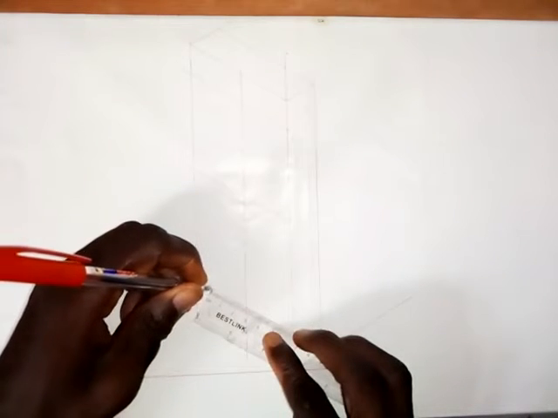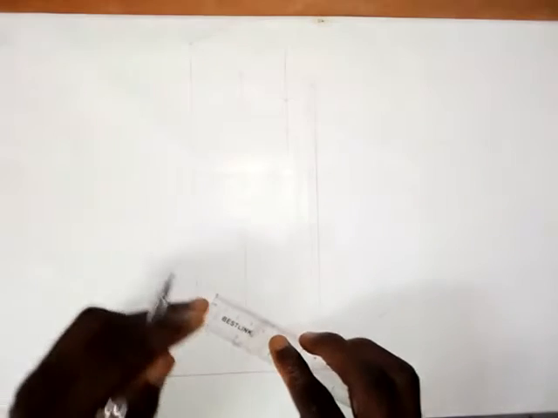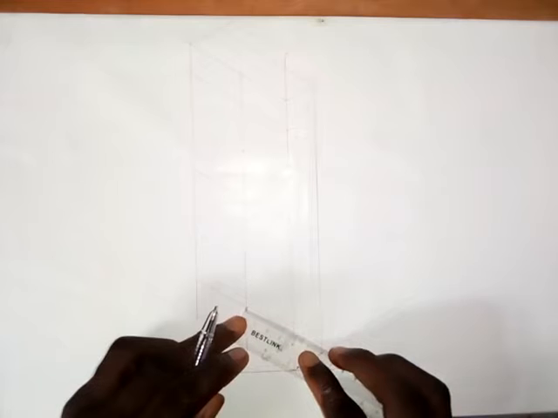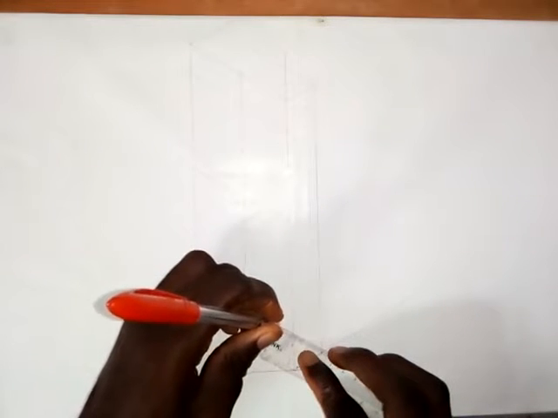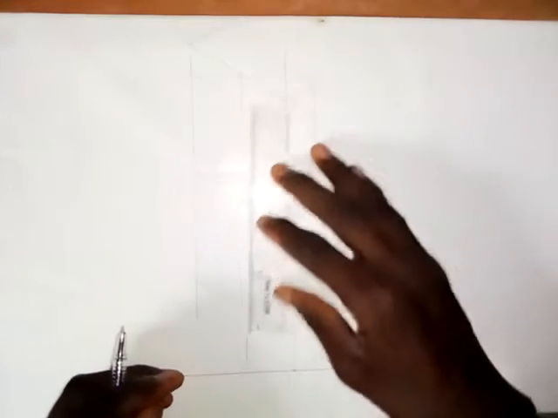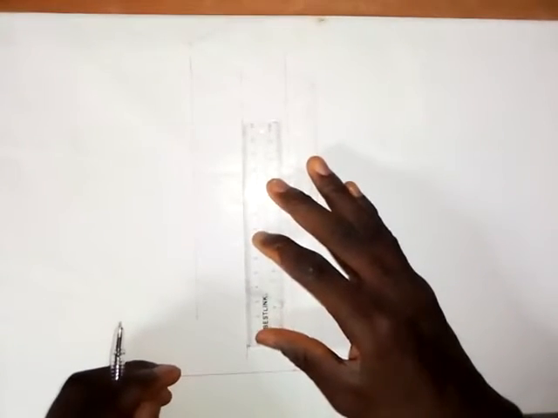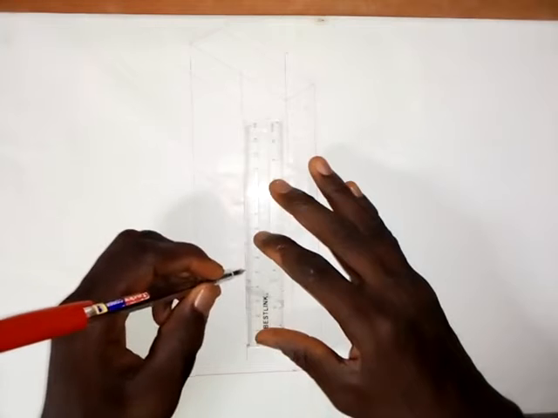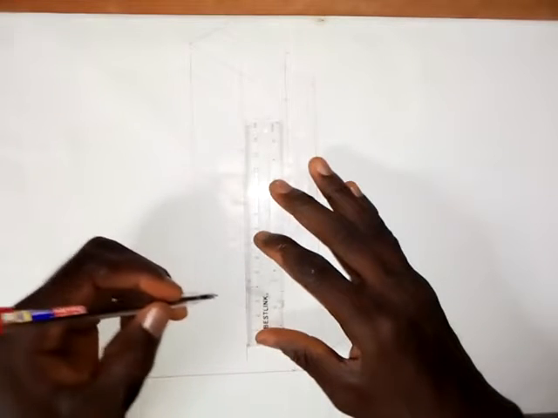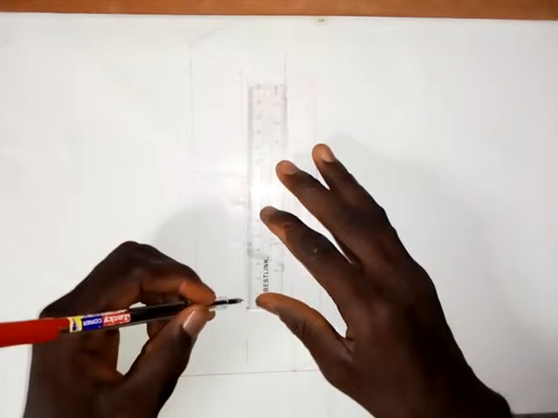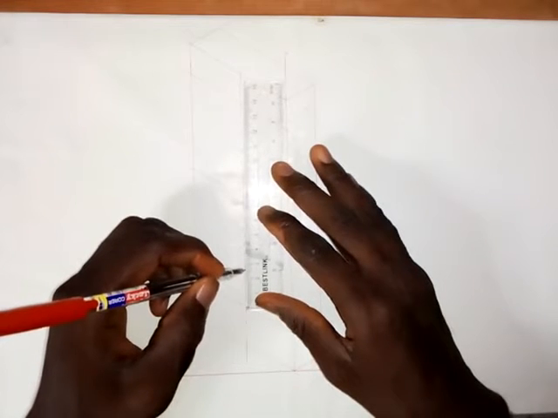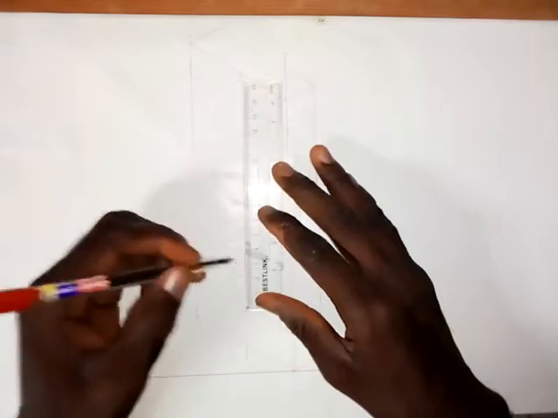Okay, so 26 millimeters here, and I will also take 26 millimeters, trying to get it accurate. I take 26 millimeters. Okay, this is already 26 millimeters. So I will take 26 millimeters up here. So this is 26.